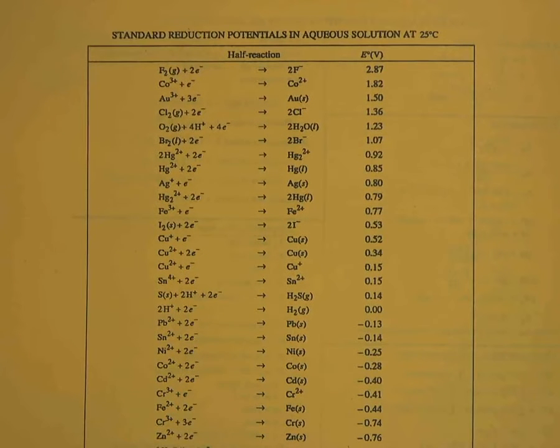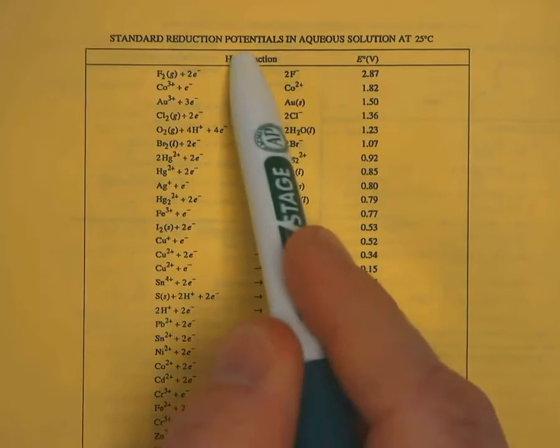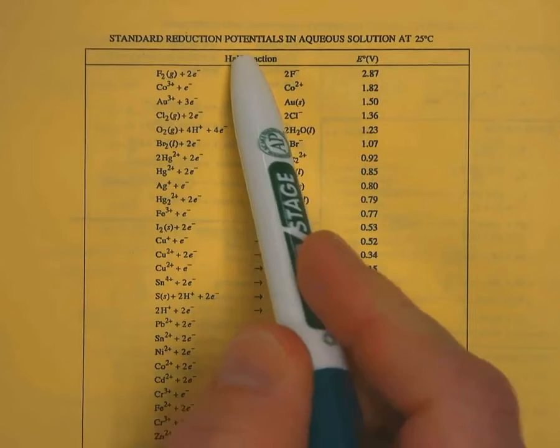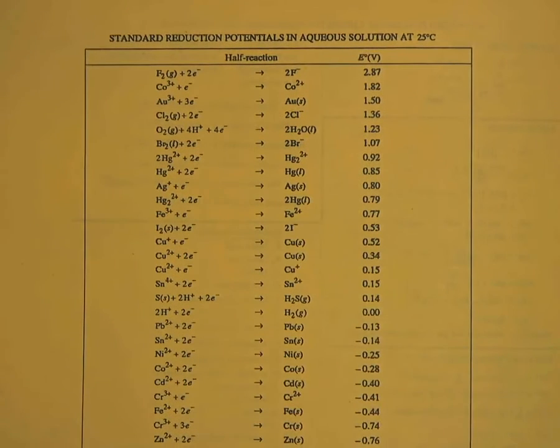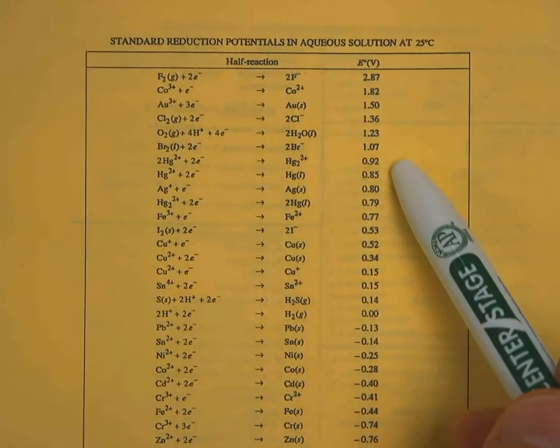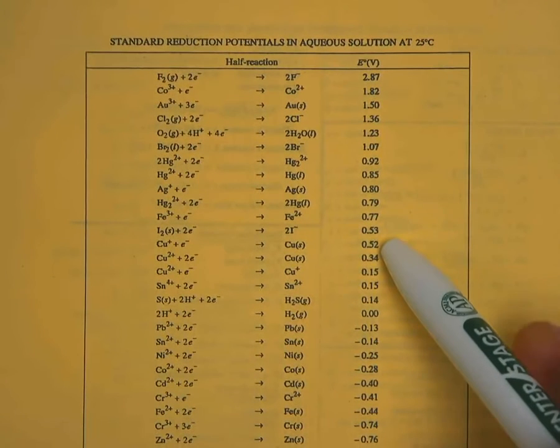Thus far in our discussion, we've used the tabulation of standard reduction potentials to examine things called voltaic or galvanic cells. We've used these values right here to understand aqueous reaction chemistry.